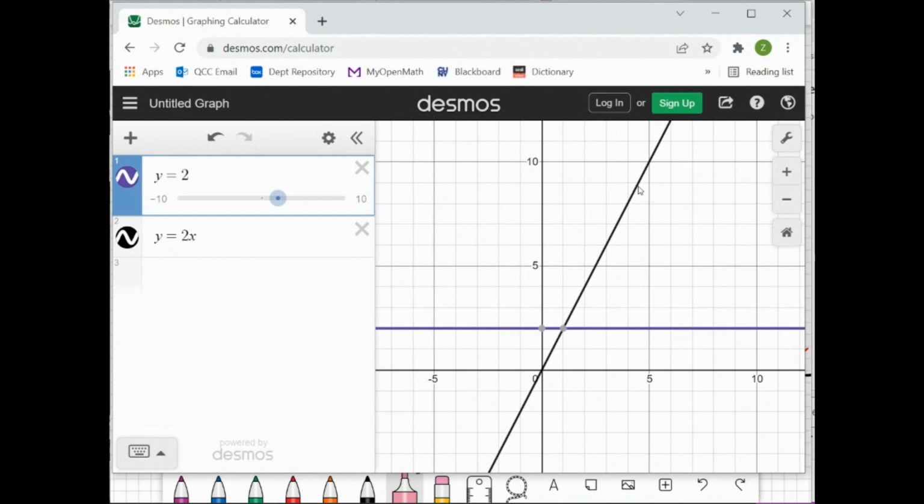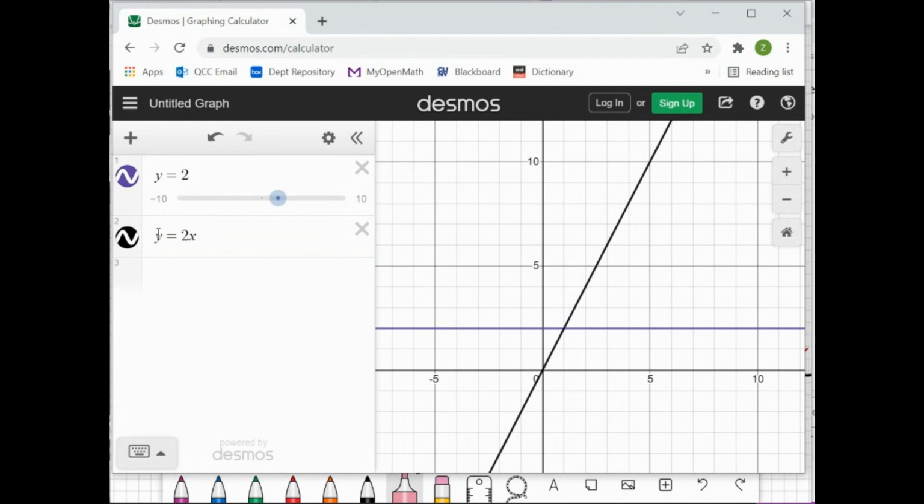What does that mean? It means that this black line, which is the graph of the function 2x, has a constant slope. This is the line that you are already familiar with, y equals 2x, and the slope is 2.